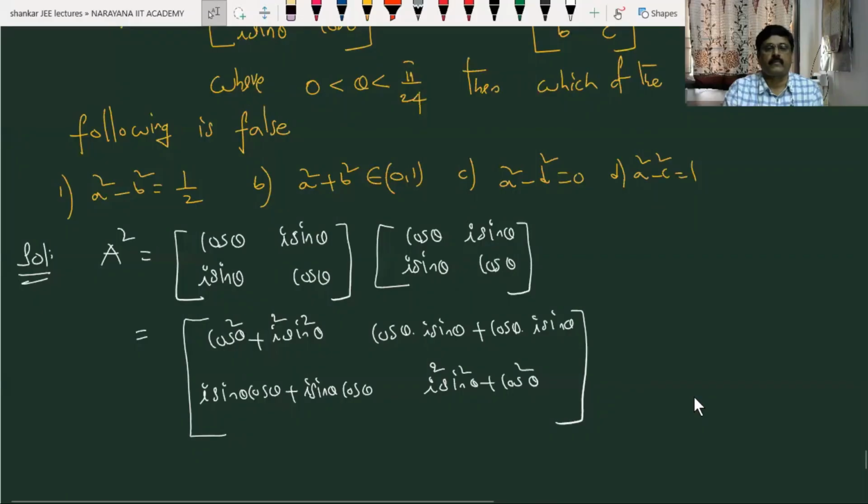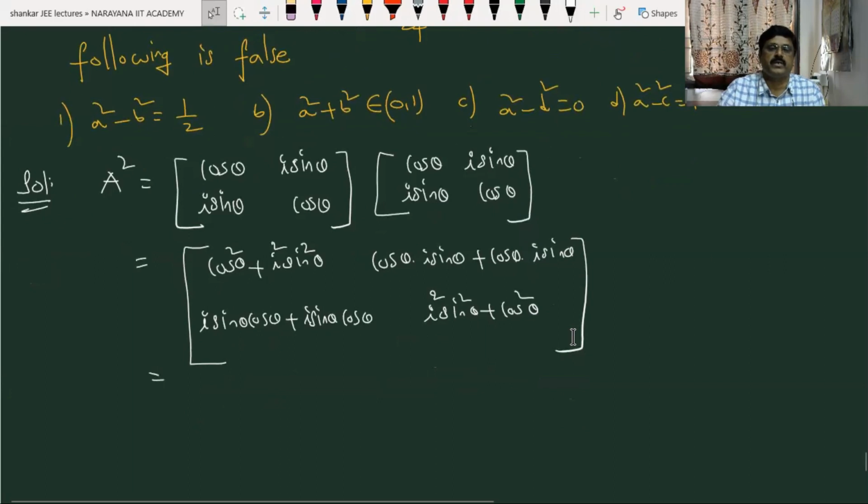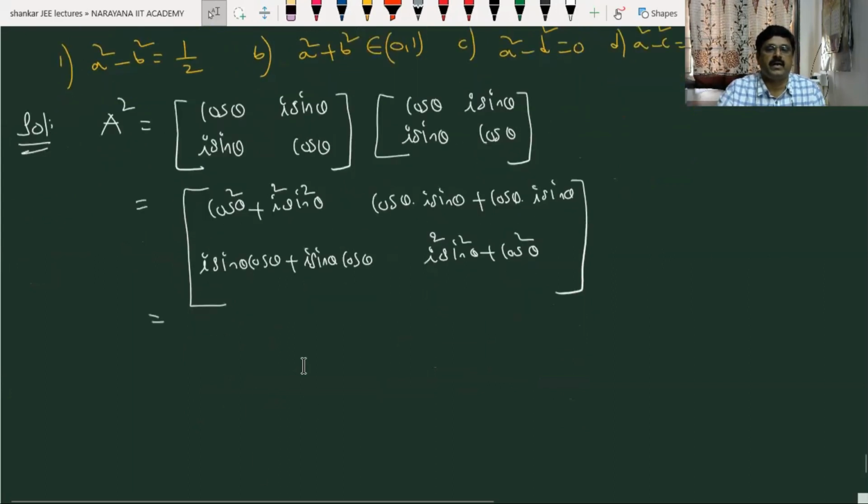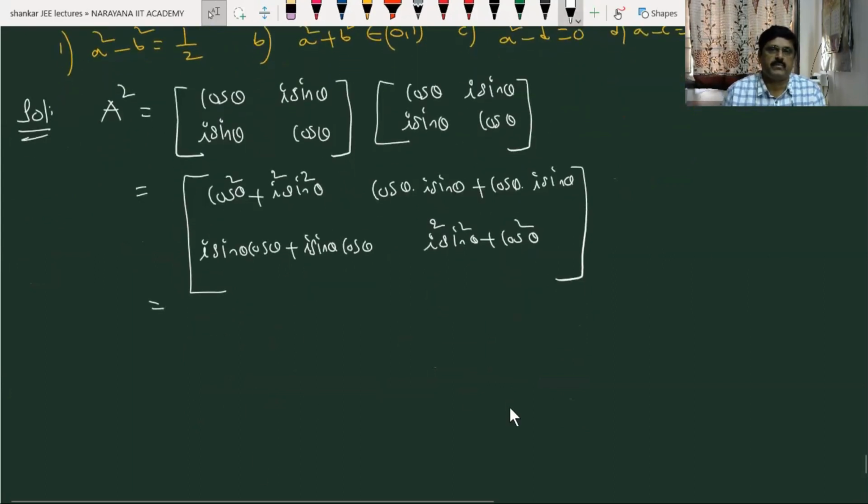So what you have, okay, students. i sin theta cos theta plus i sin theta cos theta. Similarly here, what is coming there? i square sin square theta plus cos square theta. Then it will be what, students? Cos square theta, i square value minus 1, minus sin square theta. That is going to be cos 2 theta.